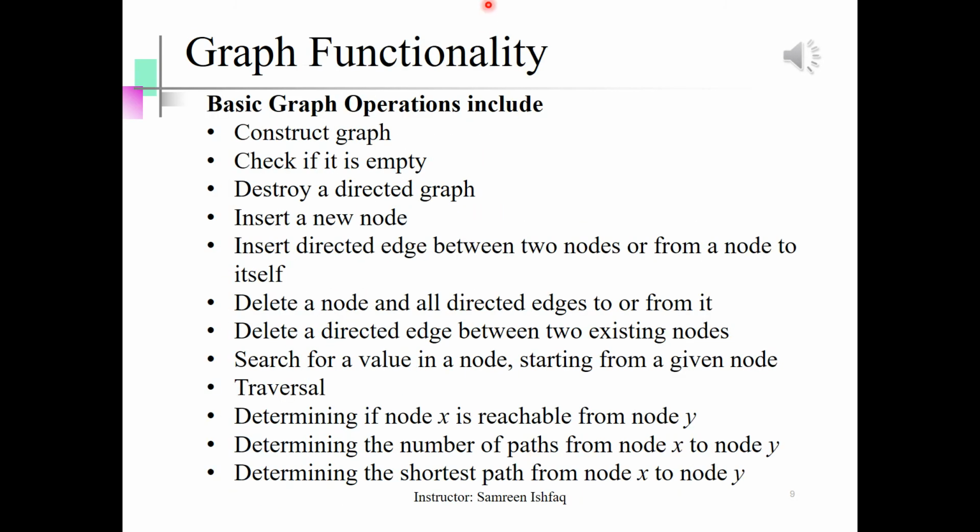Basic graph operations include construction of a graph, checking whether it is empty or not, destroying a graph, inserting a new vertex, inserting a new edge, deleting an edge, deleting a vertex, traversal, determining the shortest path, determining if vertex X is reachable from vertex Y, and so on.